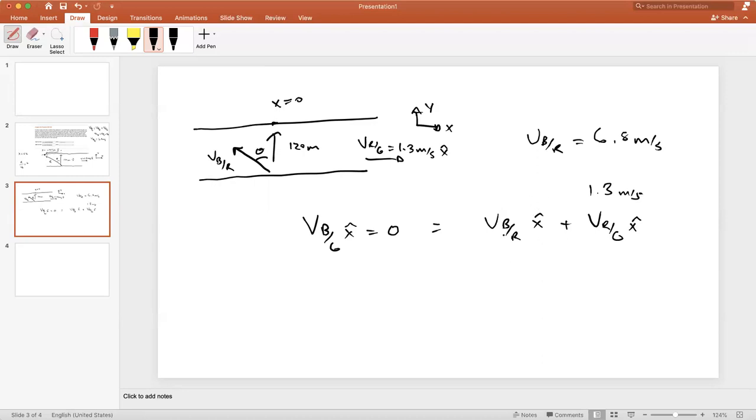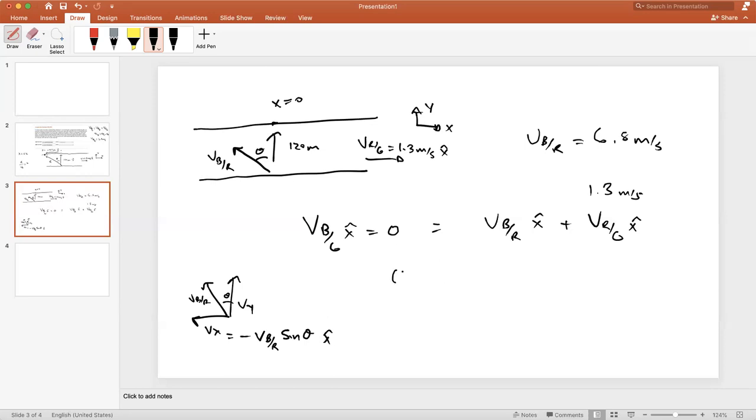Now, what is the boat relative to the river? In the x hat direction, we have v in the x and v in the y if V B R is being pointed at some angle. So this is actually negative, because our x direction is that way, negative v b over r times sine theta in the x hat direction.